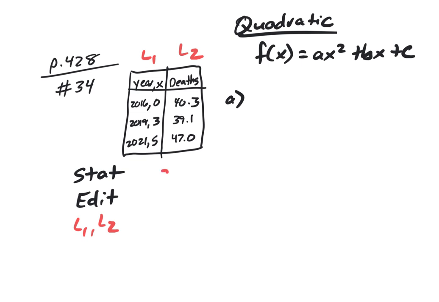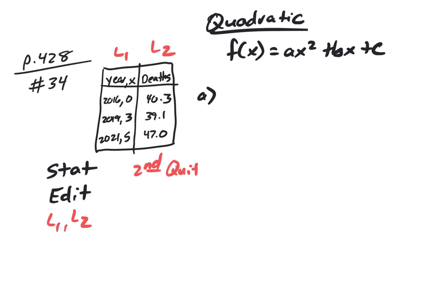Okay, get out of that. So on TIs, you have to hit second quit or just get back to your home screen. Okay, then we're going to go back to Stat. We're going to go to Calc, so you got to go over to Calc. And the reason why we talked about this is because we're looking for a quadratic equation.